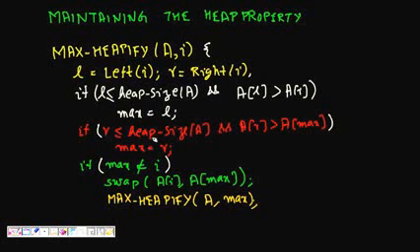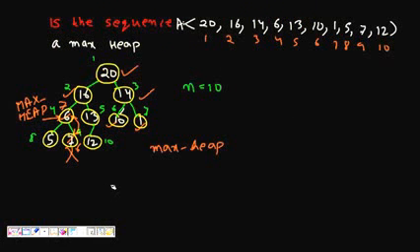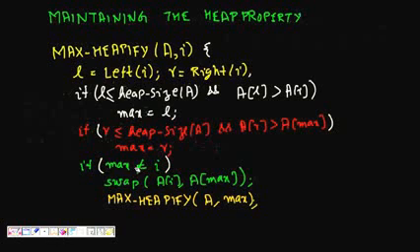Now we will see an algorithm: if we have a binary tree that is almost a heap, how will we correct it to make a max heap? So this is the algorithm. What happens at each node?